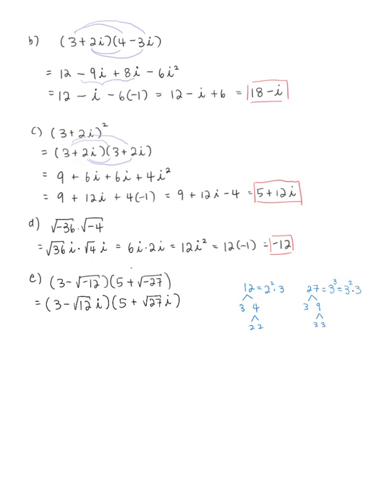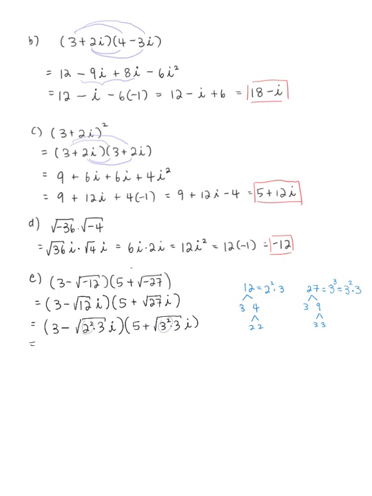Okay, so I'm going to do this step by step. So here, I'm going to rewrite the square root of 12 as square root of 2 squared times 3, and then i, parentheses closed. And then in the parentheses, 5 plus square root of 27 can be written as square root of 3 squared times 3, and then i, parentheses closed. Okay, so I'm going to circle the perfect squares.